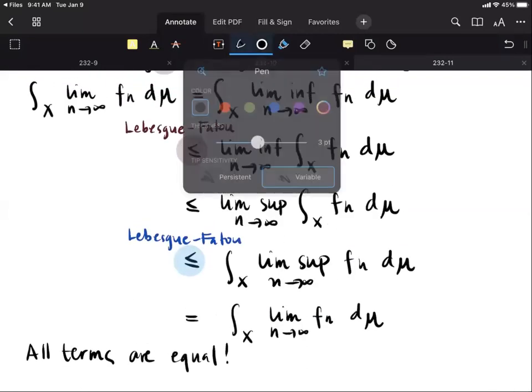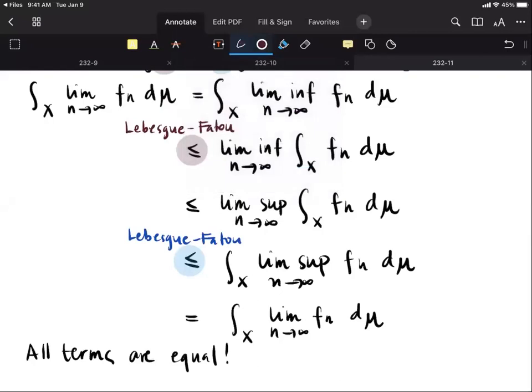So in particular, these two are equal, and in turn, both of them are equal to the limit of the integrals.